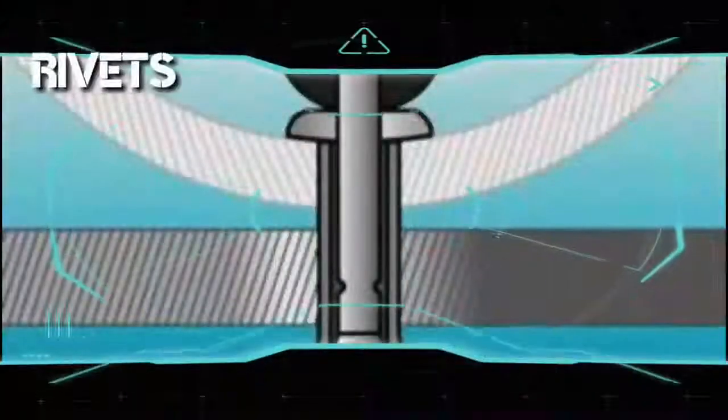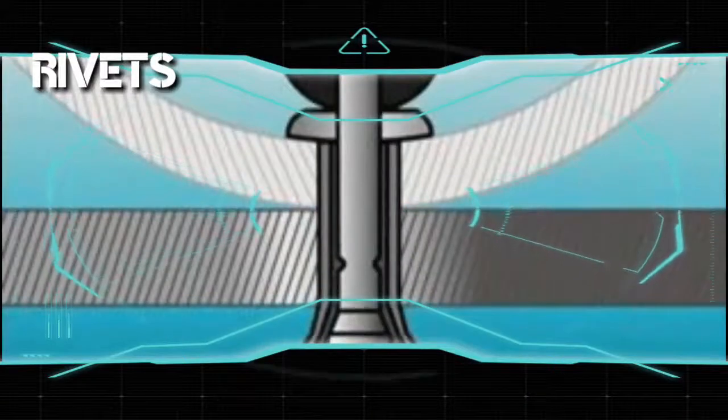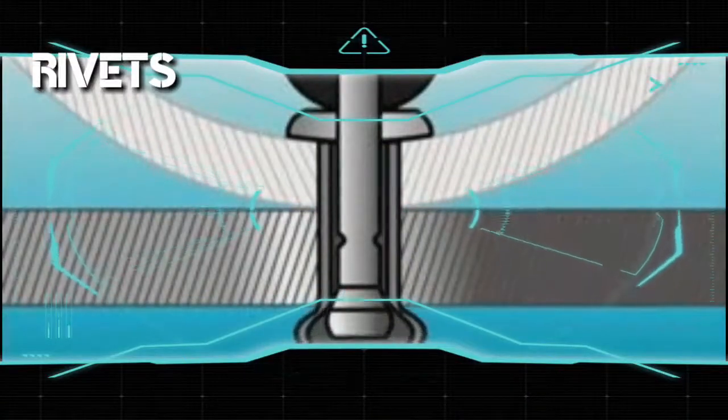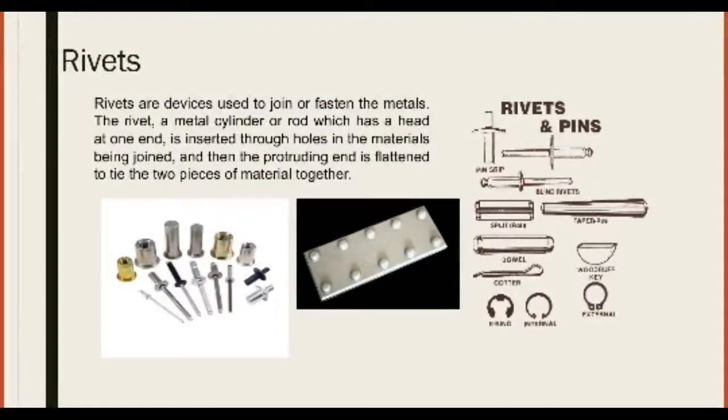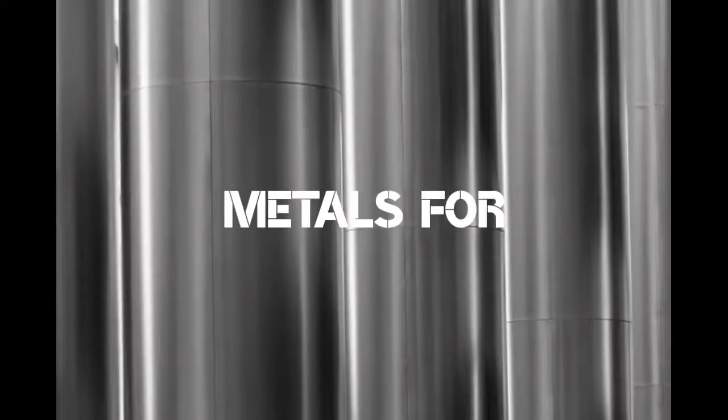Lastly, rivets are devices used to join or fasten metals. The rivet is a metal cylinder or rod which has a head at one end, used to join and fasten metals.